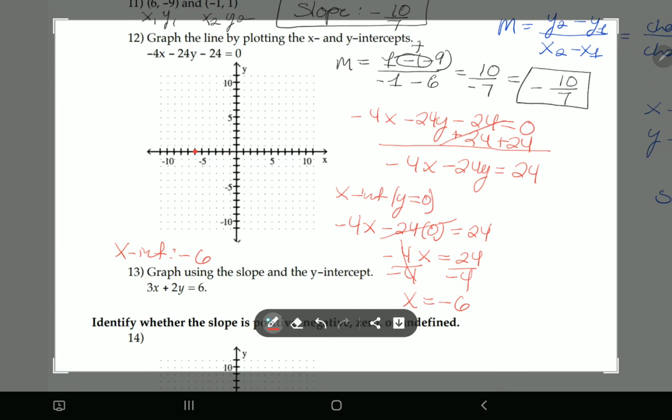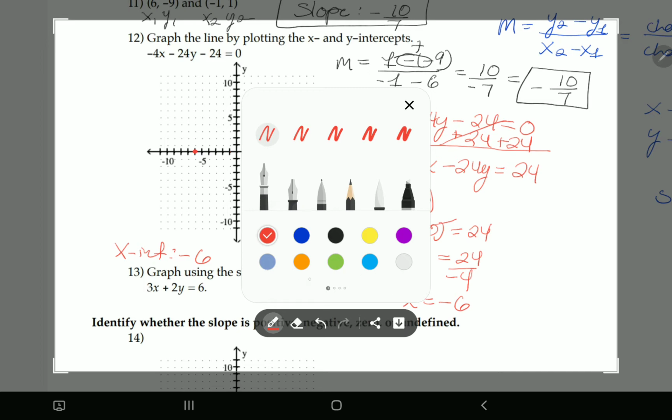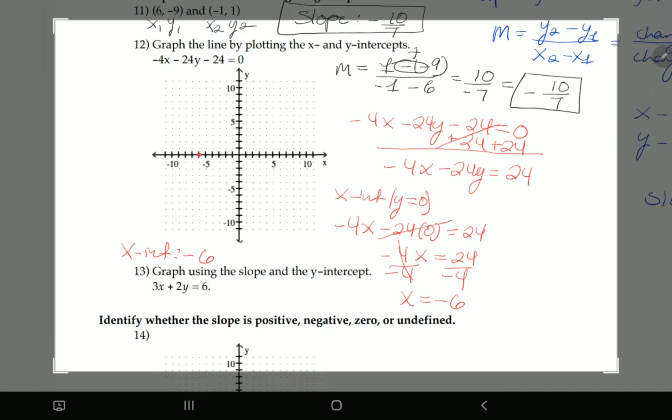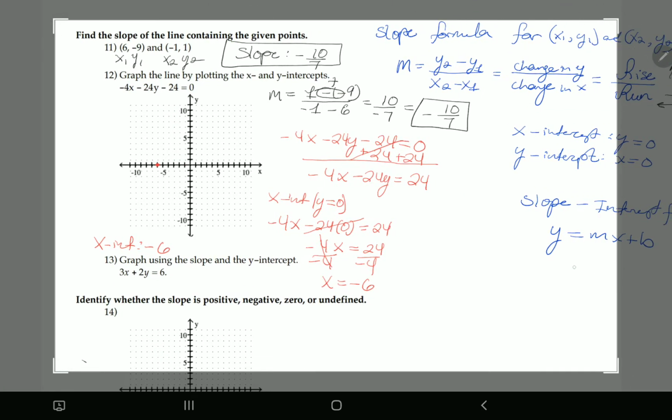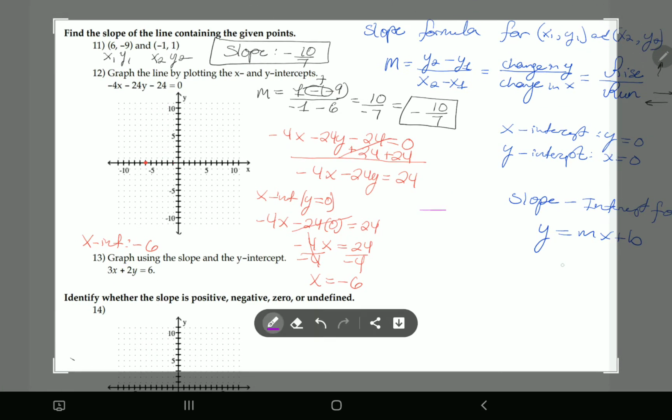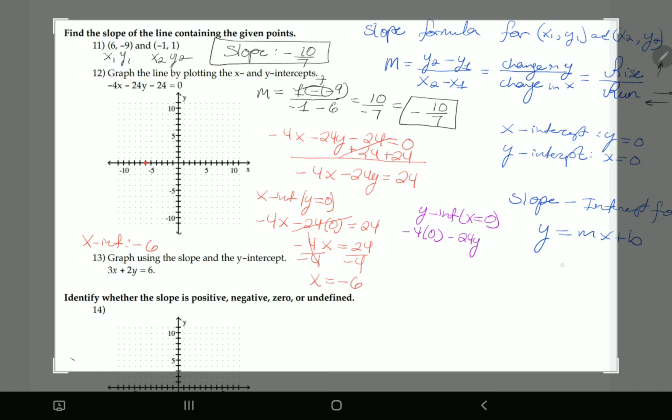Now I want to do the y-intercept, and I'm going to do it in purple. So for the y-intercept, x equals 0. So it's negative 4 times 0 minus 24y equals 24. Negative 4 times 0 is gone.